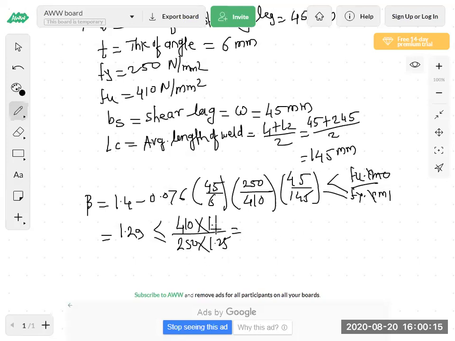So how much this value? 1.44. So this value should be less than 1.44. So it is less than 1.44 and greater than 0.7. Hence, the calculated beta value is safe. Are you getting?